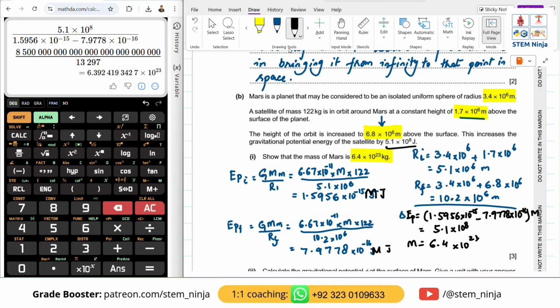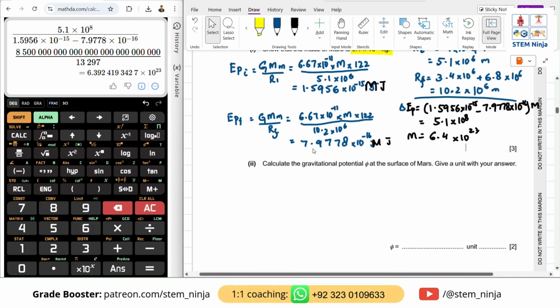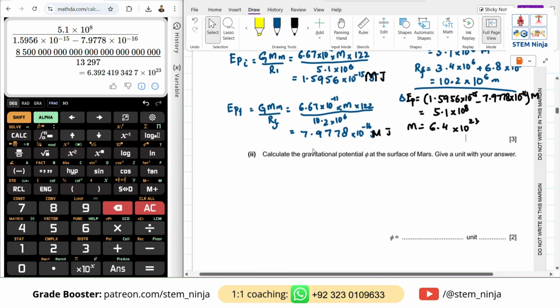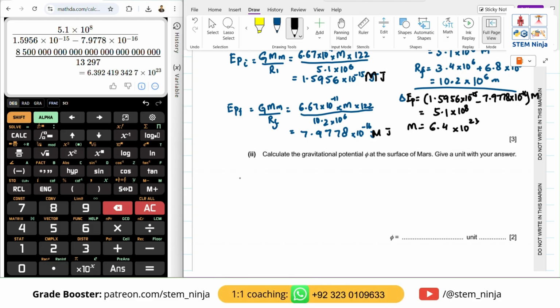That's it. Okay. Calculate the gravitational potential phi at the surface of Mars. So basically, this time we need the potential, so we can have it as negative this time. So phi is equal to minus GM over r.